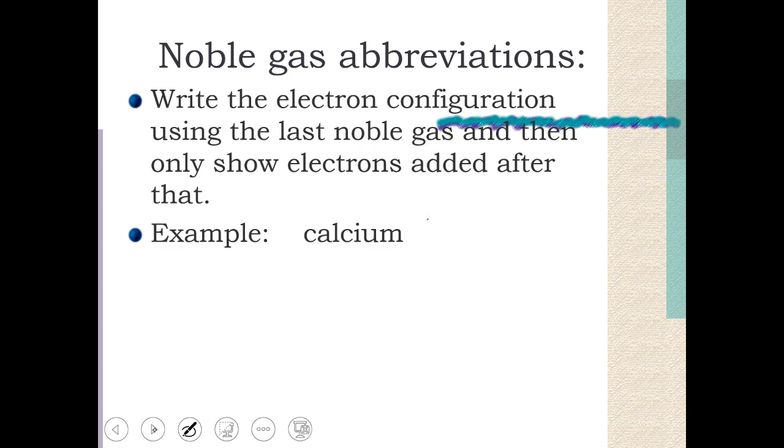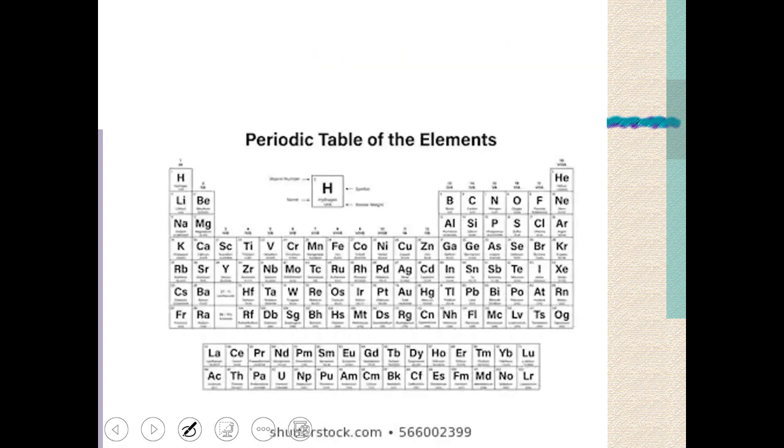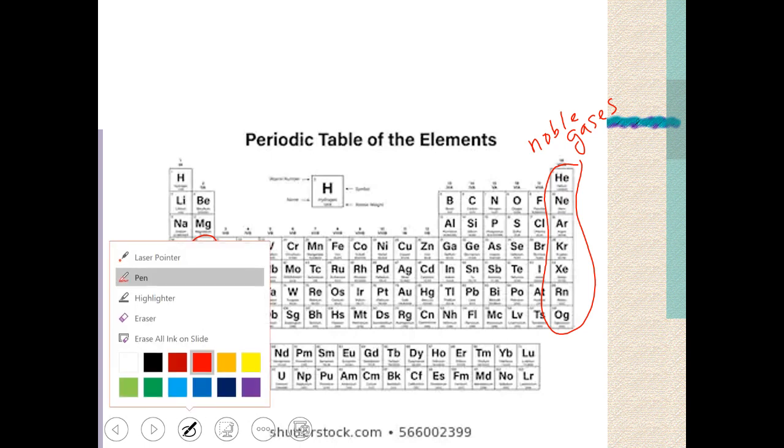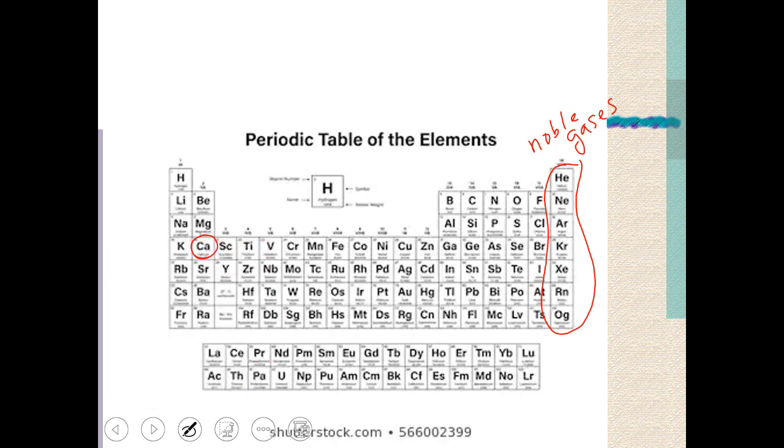Okay, so for calcium, calcium has 20 electrons. So where's the last noble gas before calcium? Okay, so here's calcium. These are the noble gases, and the noble gases end with, remember helium ends with 1s2, but the rest of them end with p6.